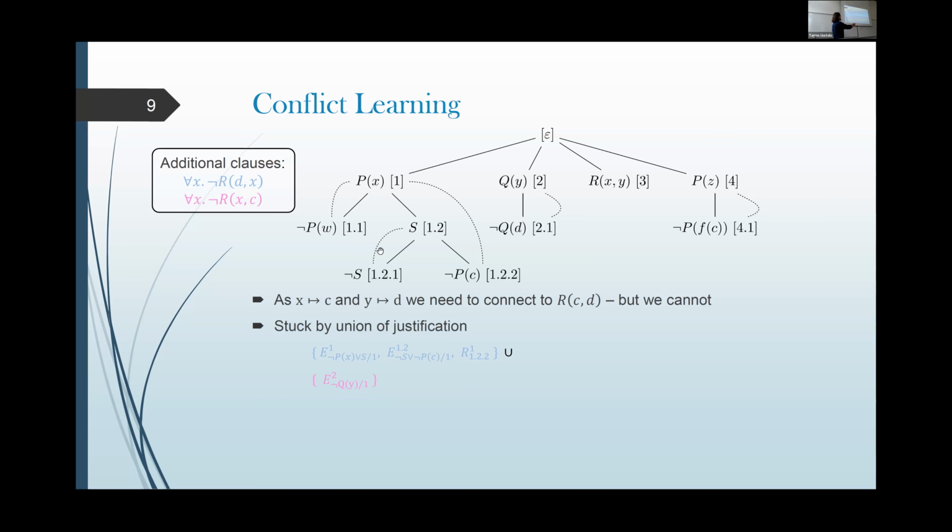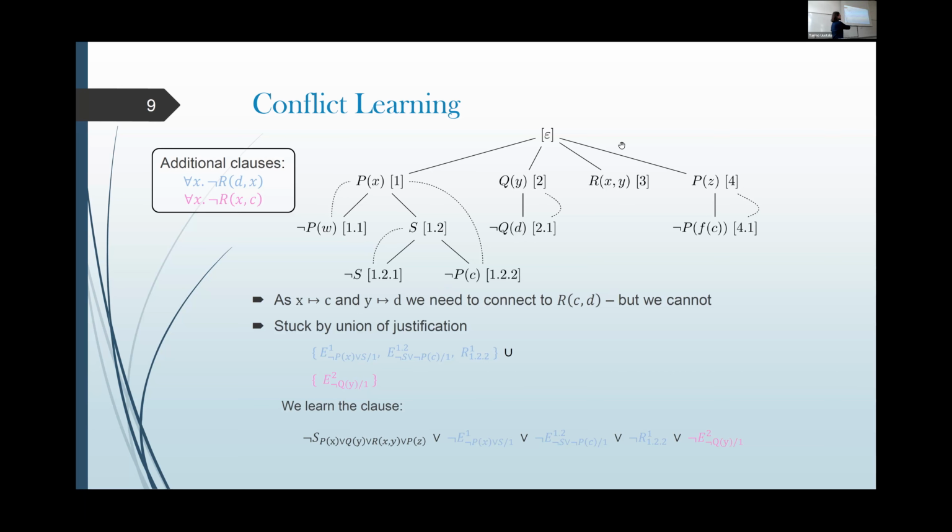Similarly, you cannot apply extension with the other one here, because we have a B, and the reason for that is this extension step here, this subtree here.